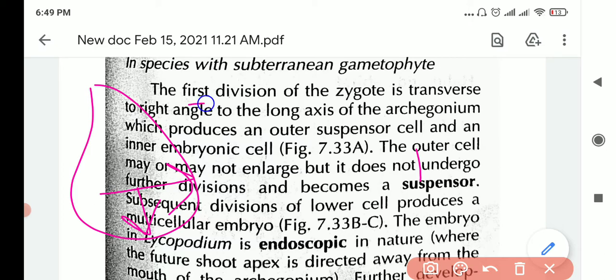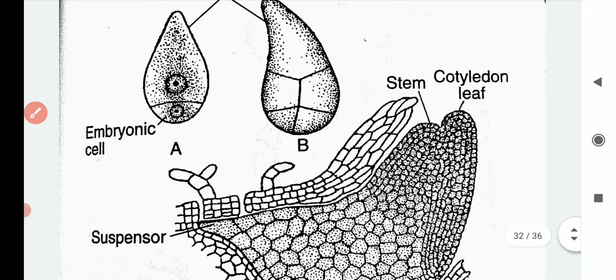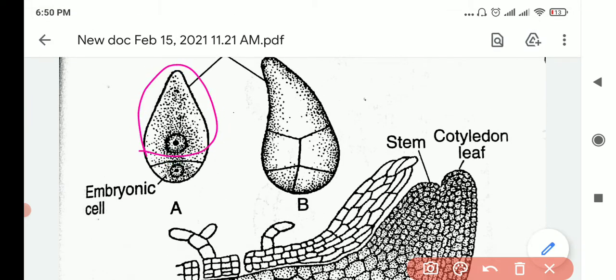The first division of the zygote is transverse, and then it will produce an outer suspensor cell and an inner embryonic cell. Simple enough.